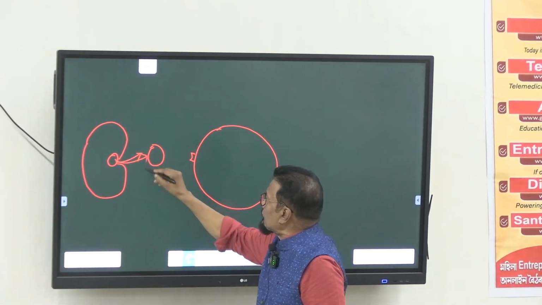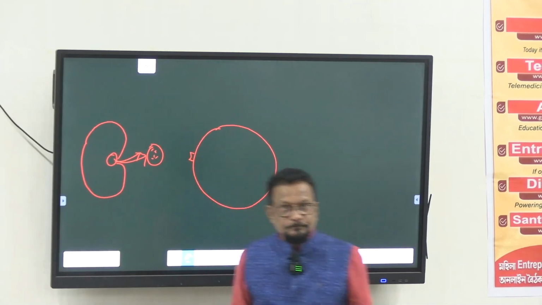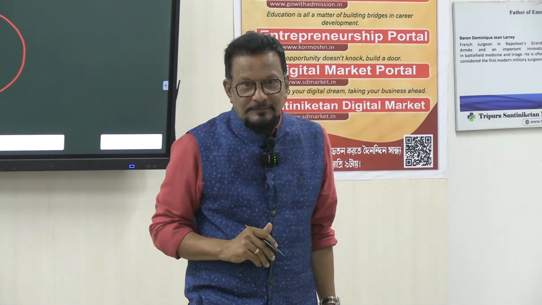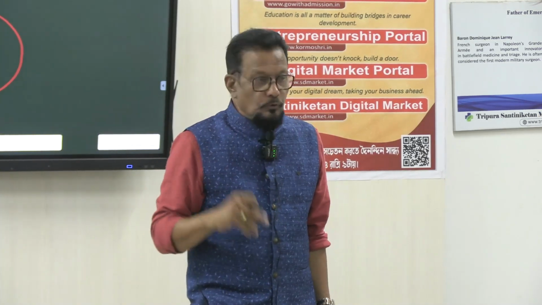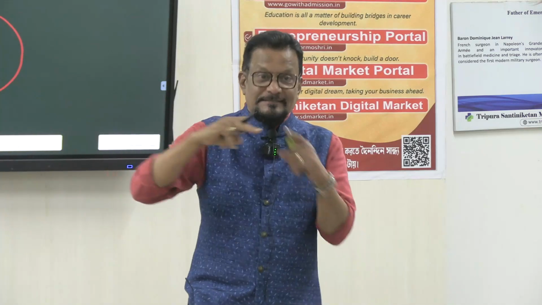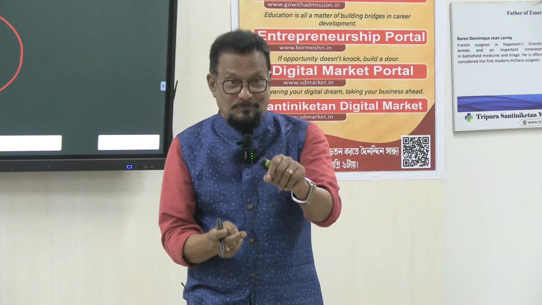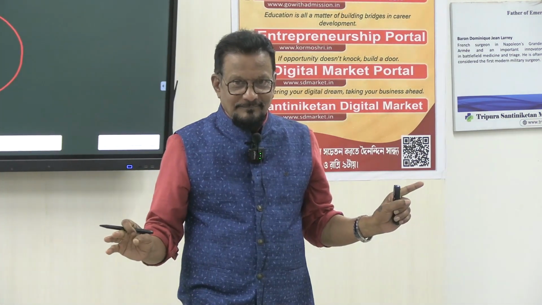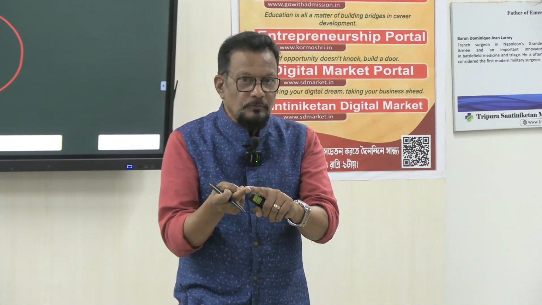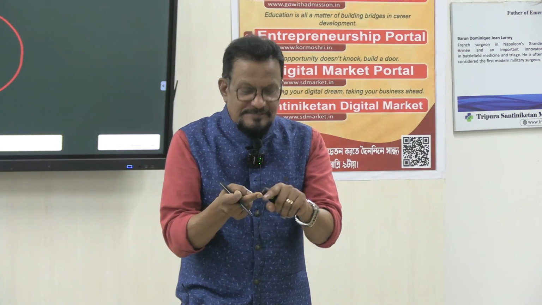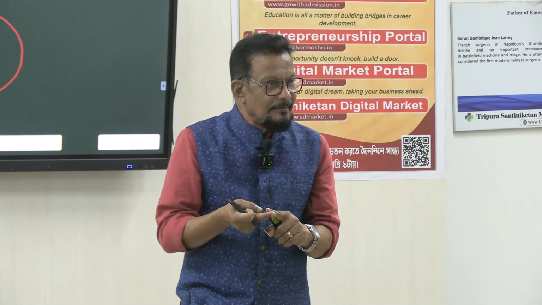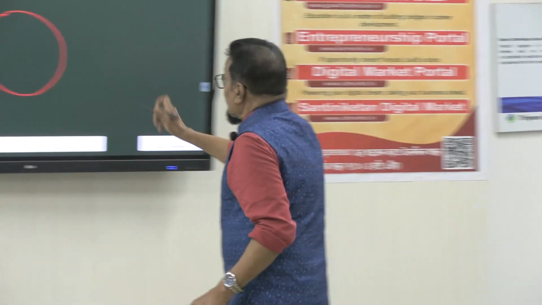Anyway, my point is, this is one endocrine gland. It has produced one hormone. Now, this hormone will find a target cell. On which cell will it act? The cell must possess a receptor for this hormone, otherwise not. My cells here will not respond to ACTH because these cells do not have a receptor for ACTH.